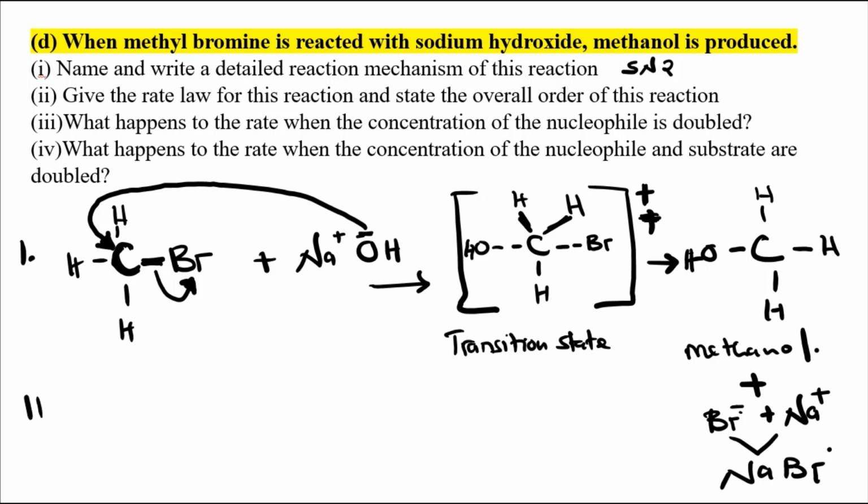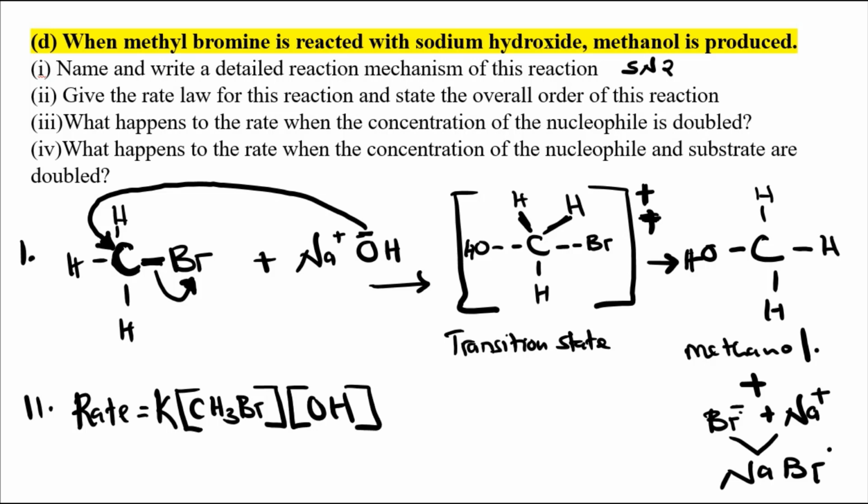Number 2 says, give the rate law for this reaction and state the overall order. So the rate law is given like this. Rate is equal to k, what is reacting is the methyl bromide and the hydroxide. Okay, so now in an SN2 reaction, both the substrate and the nucleophile take part in the rate determining step.